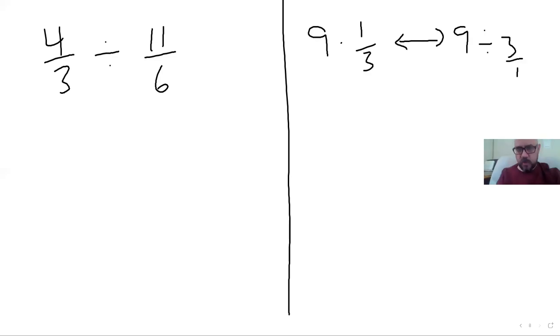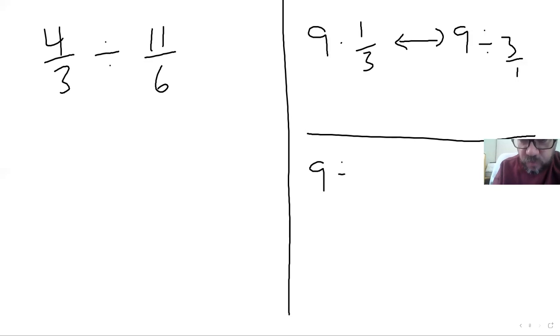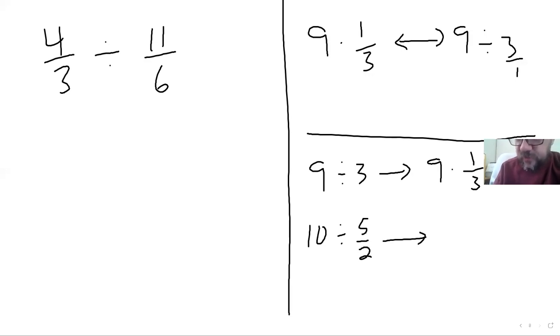So the easiest way, if I wanted to do 9 divided by 3, I can also think of that as 9 times 1/3. If I wanted to do 10 divided by 5/2, what I can do is the same general idea: whatever you're dividing by, just flip it over and multiply.